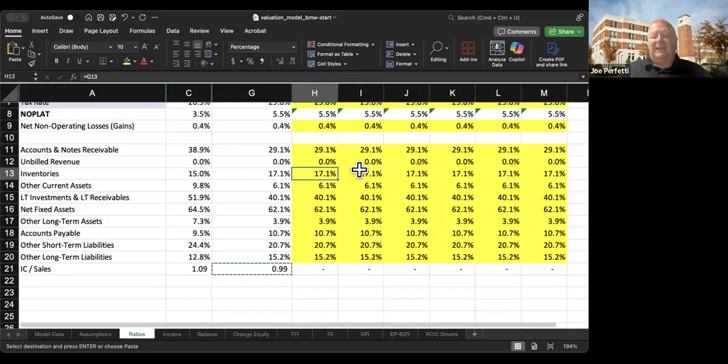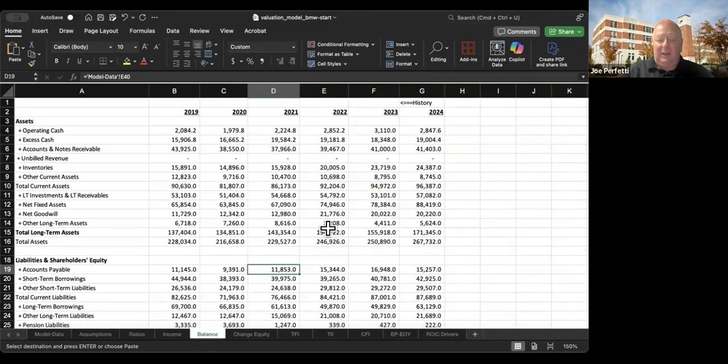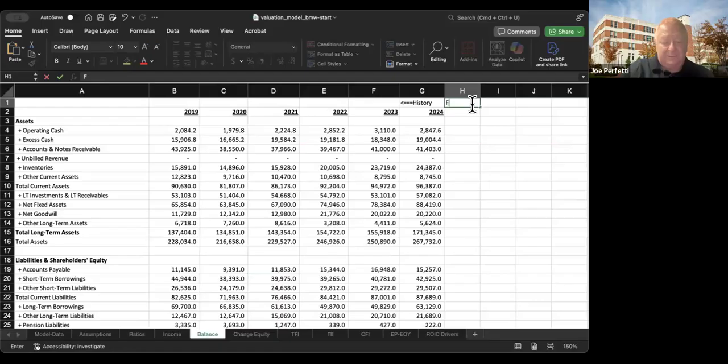Our next task is to take these balance sheet ratios. This is the most tedious part of what we're going to do, and create this balance sheet. So starting in H1, I'm going to label this a forecast. Relative reference for the year.